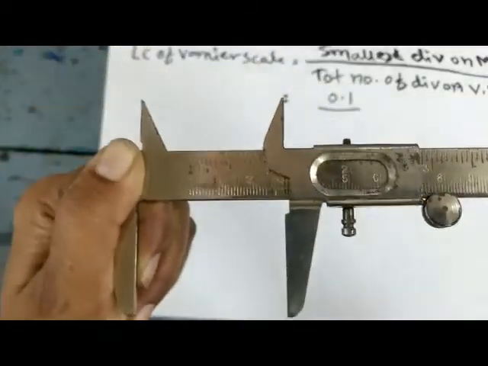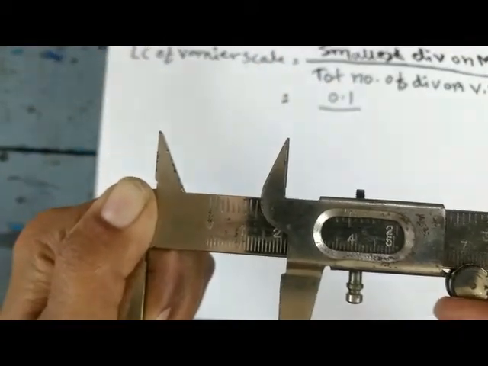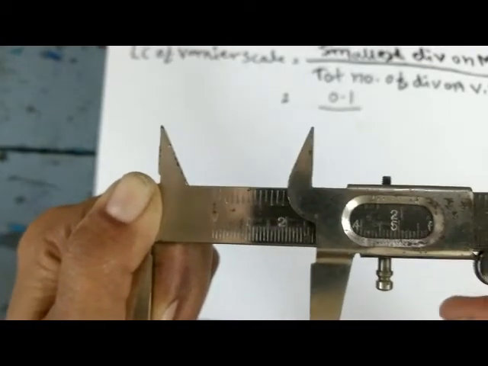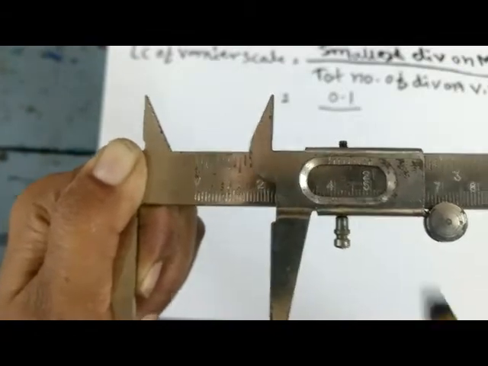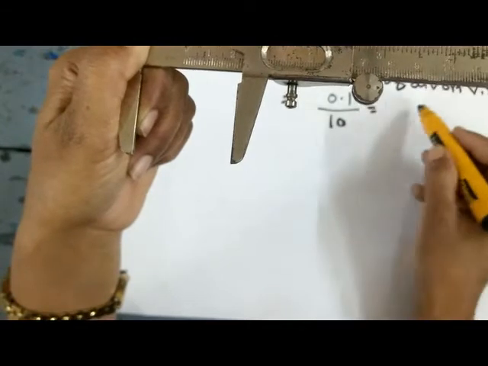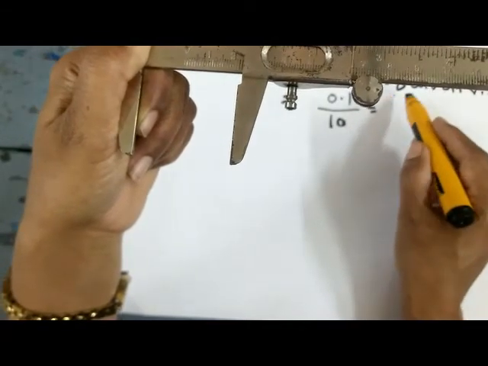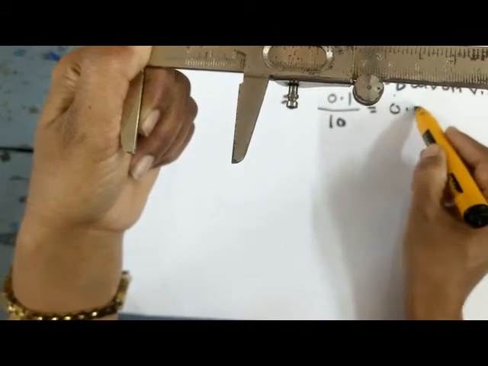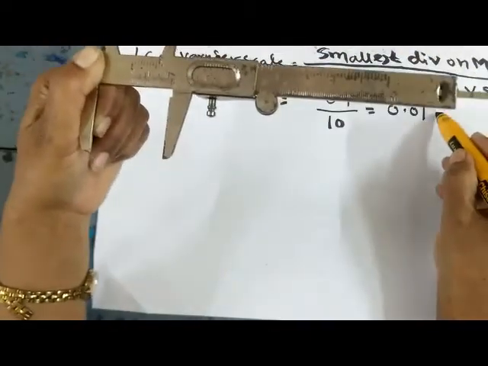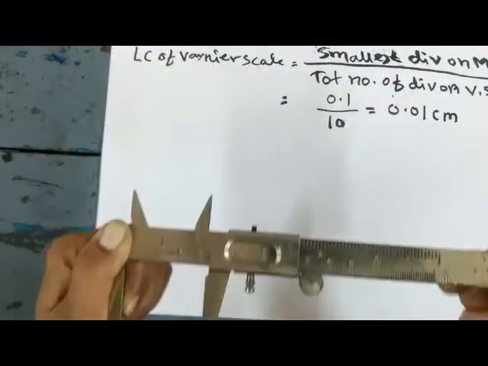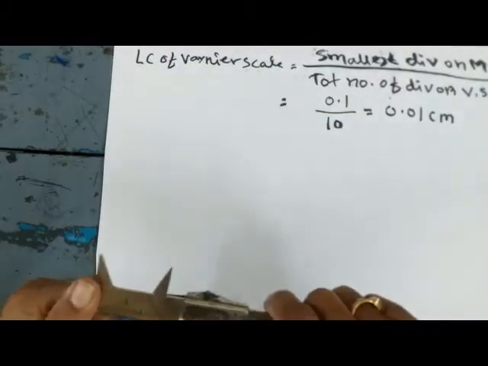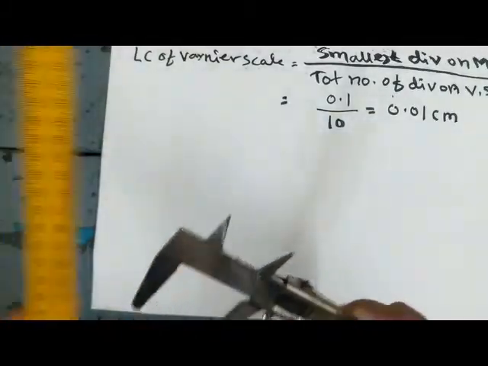In the movable scale we get 10 divisions, the 11 lines giving 10 divisions. So we get 0.01 cm as the least count of the vernier caliper.